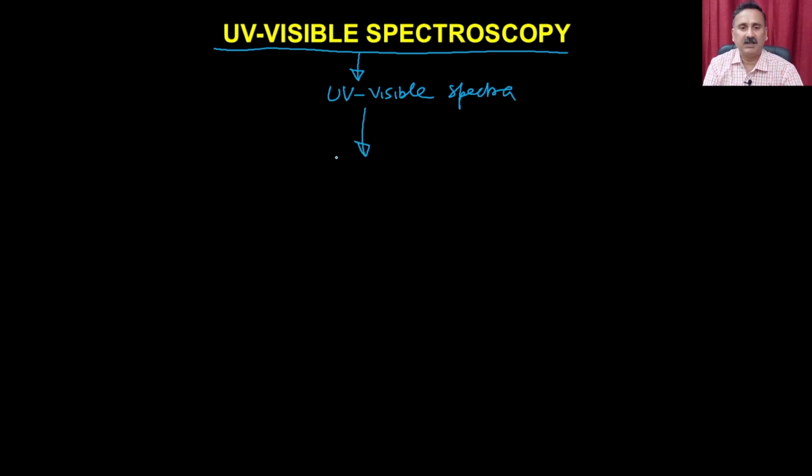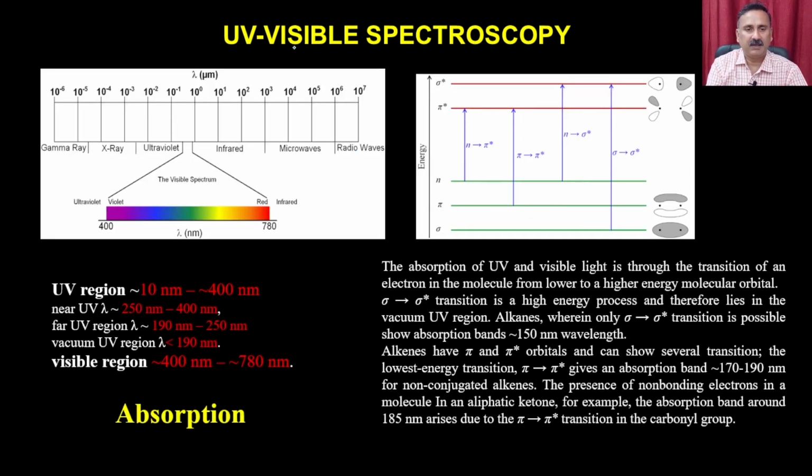So what is meant by UV visible spectroscopy? It is a spectroscopy technique where you work under the range that starts from the UV range and goes up to the visible range. The UV range starts from 10 nanometer to 400 nanometer, and within it you have the near UV range and the far UV range.